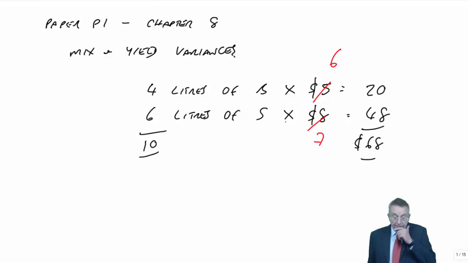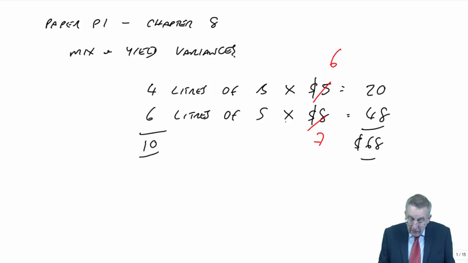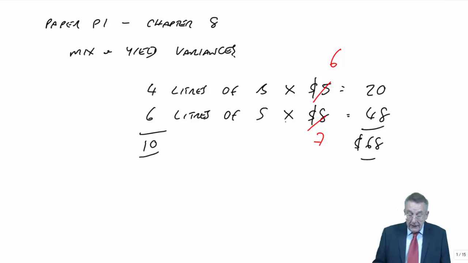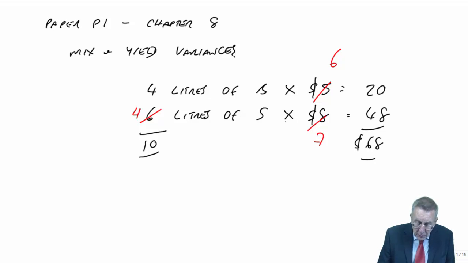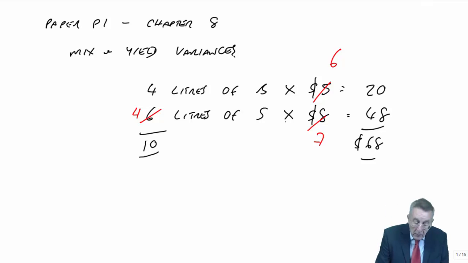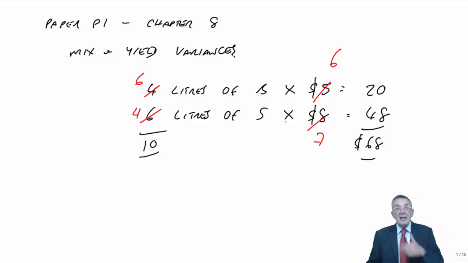What else can go wrong though? We expected to use 4 litres of banana and 6 litres of strawberry for every 10 litres. Maybe for whatever reason, we only use 4 litres of strawberry. And of course, if we're only using 4 litres of strawberry juice, we're going to have to use more banana.